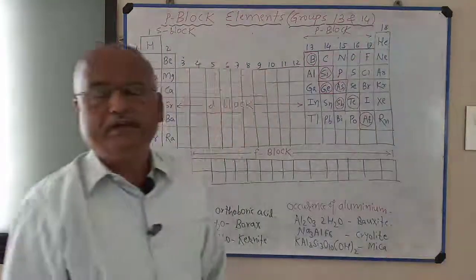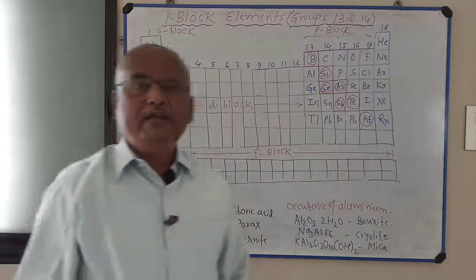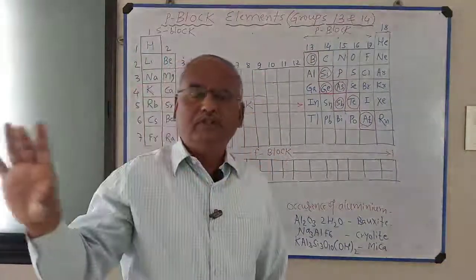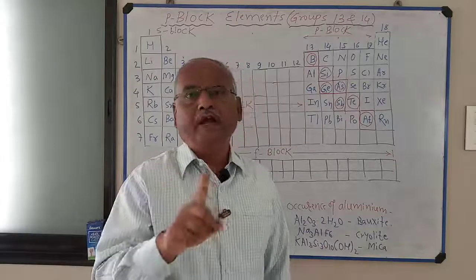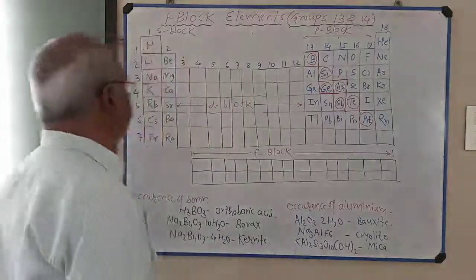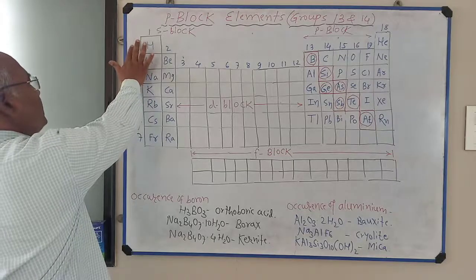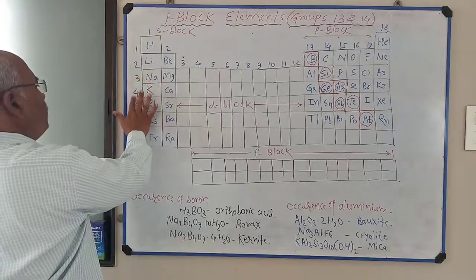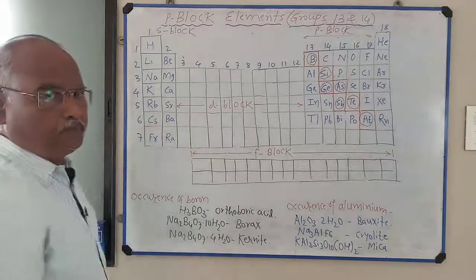In the periodic table there are 7 horizontal rows known as periods. I have shown here period number 1, period number 2, 3, 4, 5, 6 and 7.